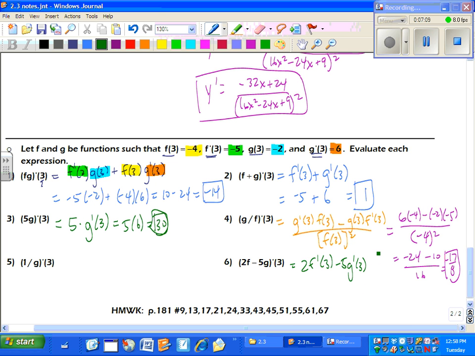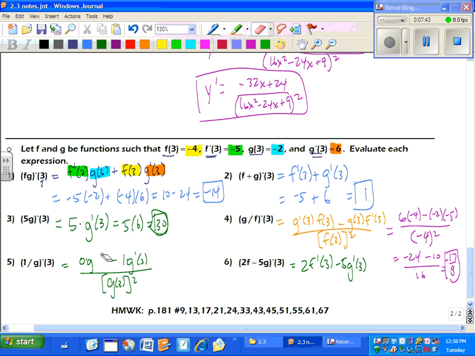Plug in the values. Here, 1 over g. So we're taking another quotient here, just like number 4. The derivative of the numerator is 0 times g of 3, but it doesn't matter, that's still going to be 0, minus the numerator, which is 1, times the derivative of g at 3, all over the denominator, g of 3 squared.